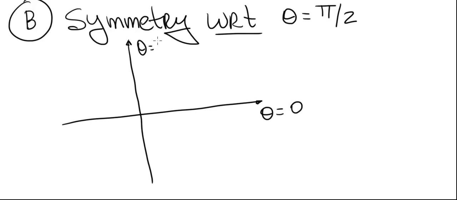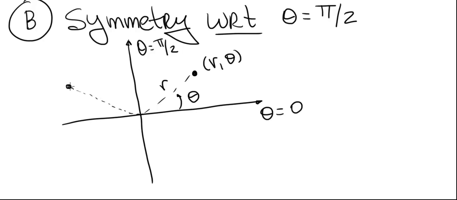And notice that if point (r, theta), with polar coordinates r and theta, is on the graph, and the graph is symmetric with respect to the line theta equals pi over 2, the point on the opposite side will also be on the graph. This angle also measures theta radians, and the length here is r.